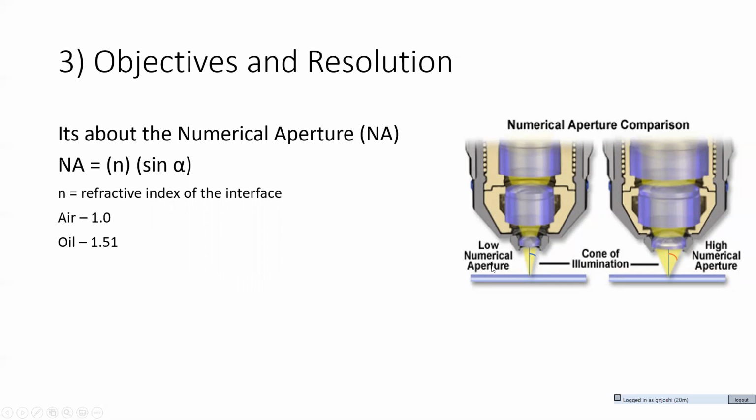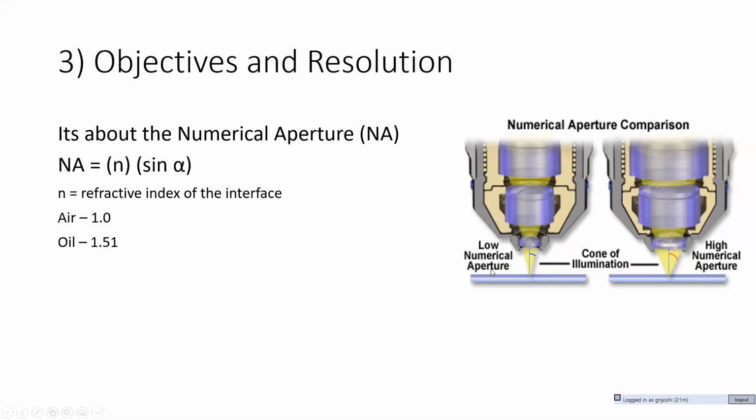If you are using an air objective, n is going to be 1. If you are using oil, there are different refractive indices available, but assuming your oil is 1.51, n is going to be 1.51.